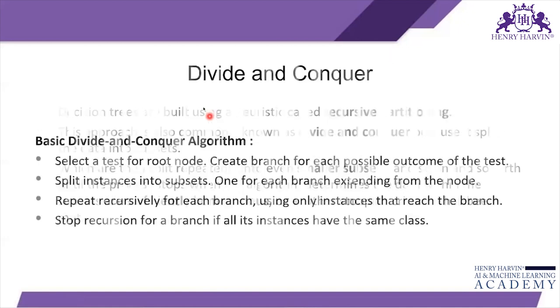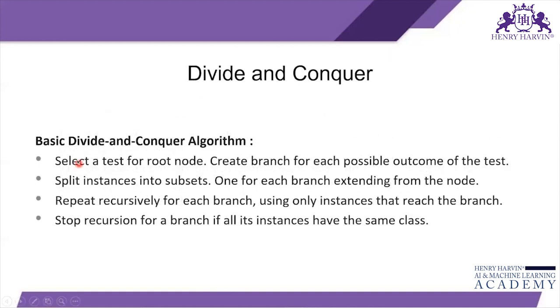And next, what is divide and conquer? Basically, the divide and conquer algorithm selects a test for the root node and creates a branch for each possible outcome of the test. Next, it splits instances into subsets, one for each branch extending from the node. Repeat recursively for each branch using only instances that reach the branch. Stop recursion for a branch if all its instances have the same class.